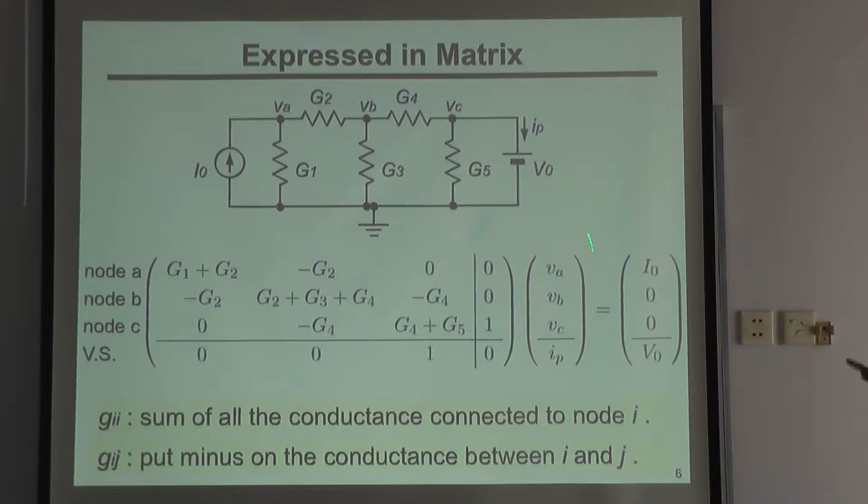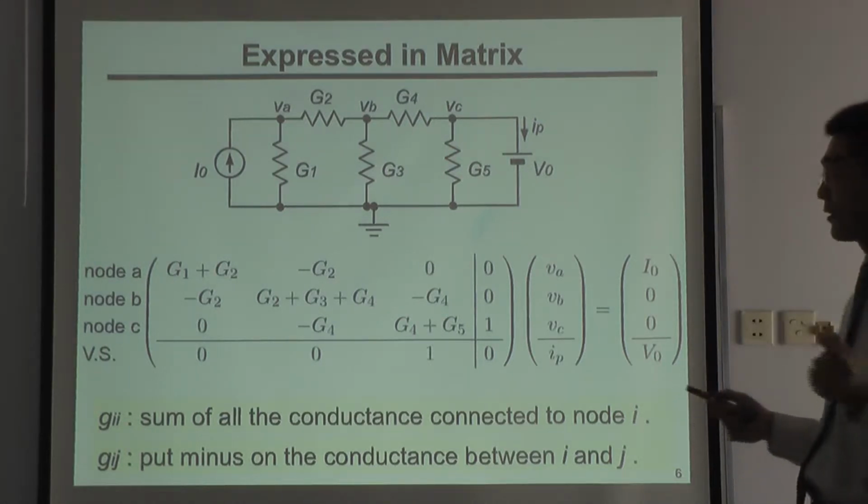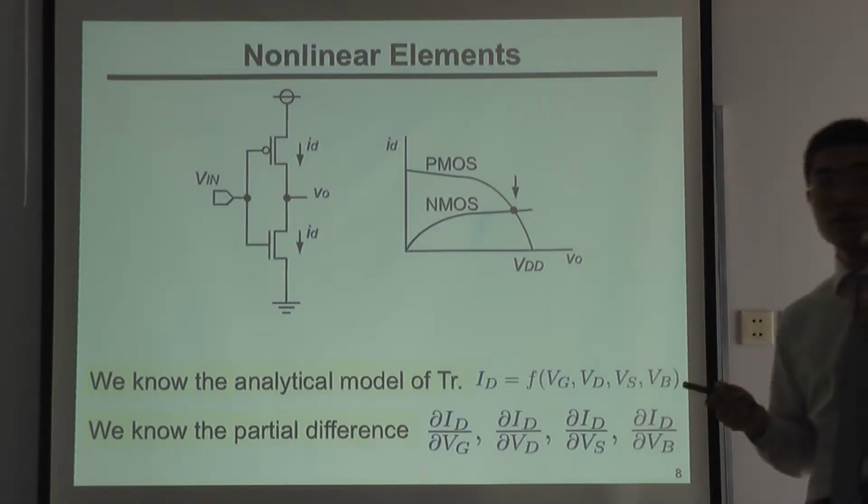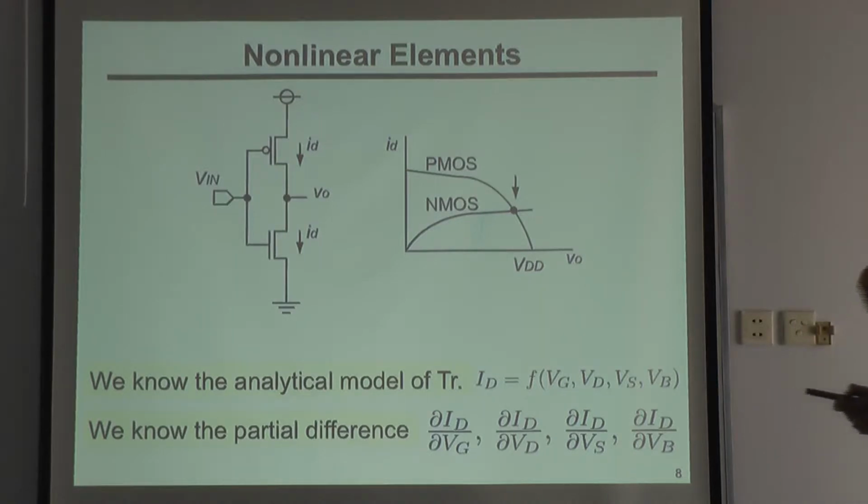We can automatically get these values. One time is enough. But if we have nonlinear elements, we cannot get the result in only one time. We have to iterate our calculations.